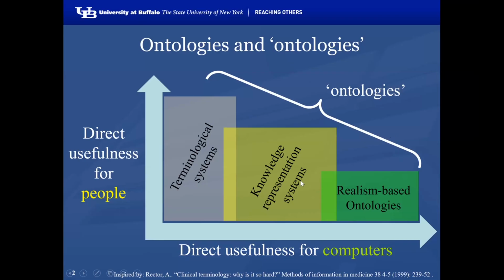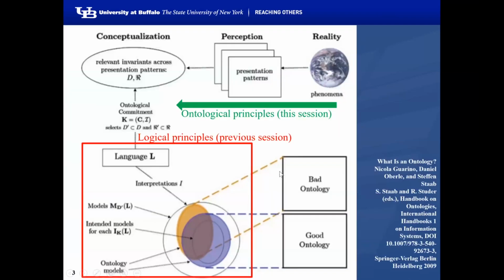So realism-based ontologies are on this end here, so they are most directly useful for computers and a little bit less for people, unless they understand, of course, the formal aspects of the language in which these ontologies are designed.